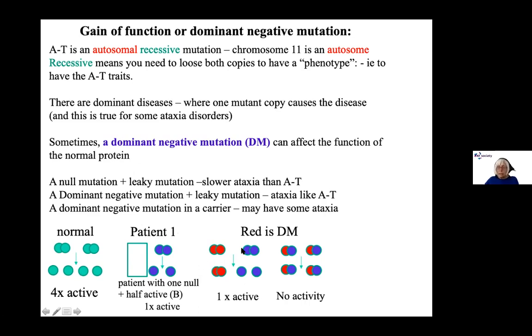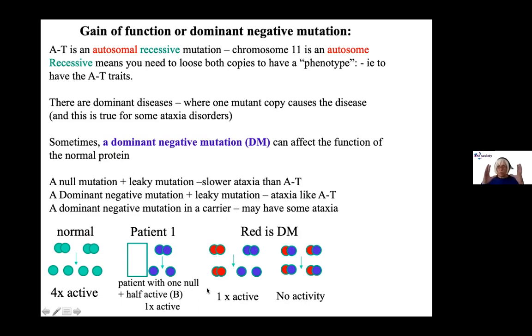Now, if you've got one of these dominant negative mutations, the bad guy, in this particular scenario, you can have a dominant negative binding to itself, but it can't ever become active. So it's not active there, but this binds to itself, does what you've got there. So you've still got some active protein. That's fine.